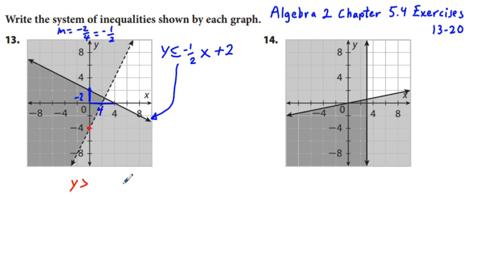We have -4 as our y-intercept. I put that at the very right. And now going up, we're going to go up 4, and to the right 2 units, so our slope in this instance is m equals 4 over 2, or 2. So we get y is greater than 2x minus 4.